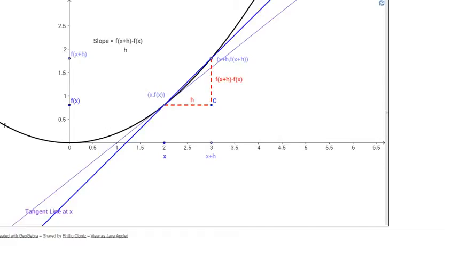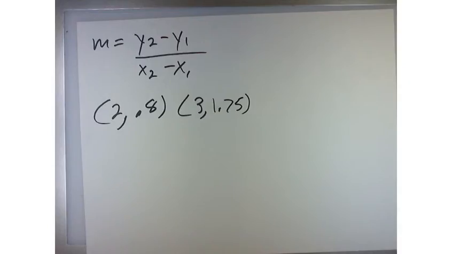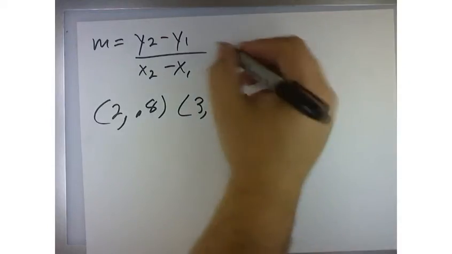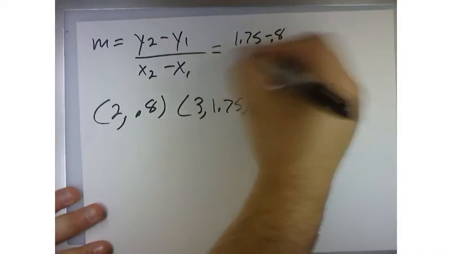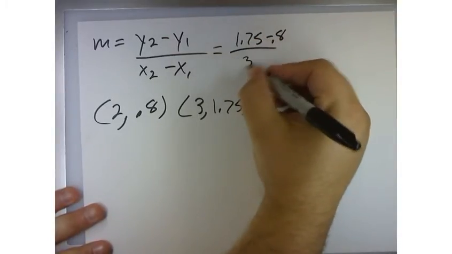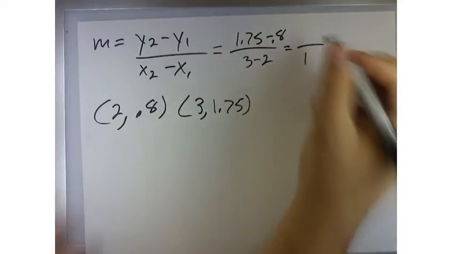And so I could plug those values in, and I would get 1.75 minus 0.8 all over 3 minus 2, and I get something over 1. What is that?